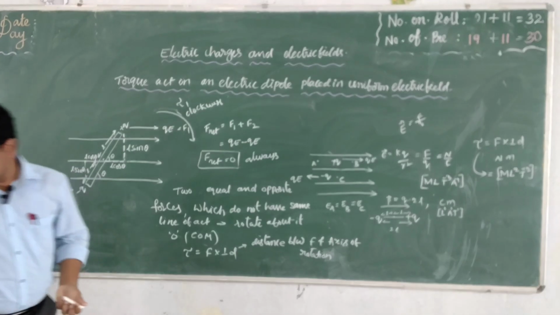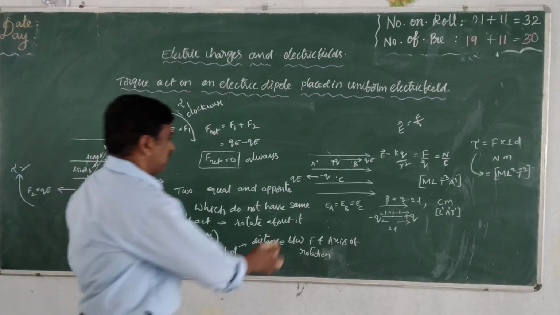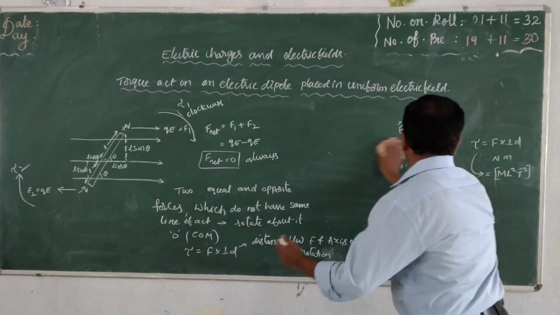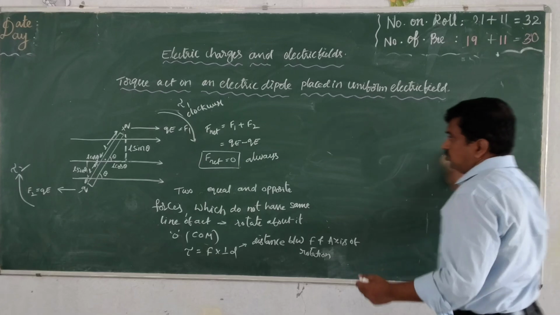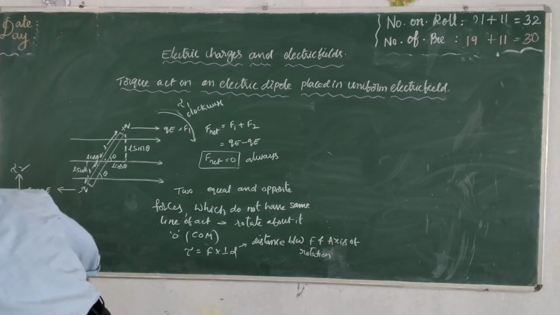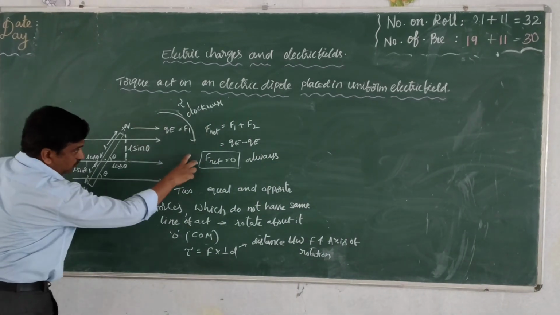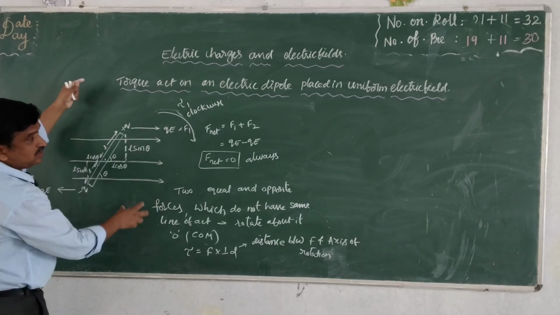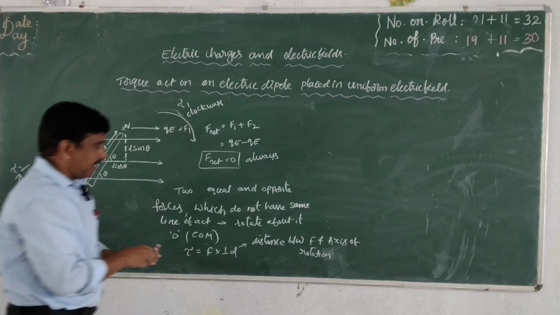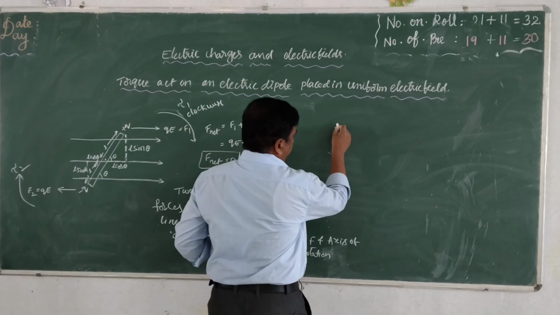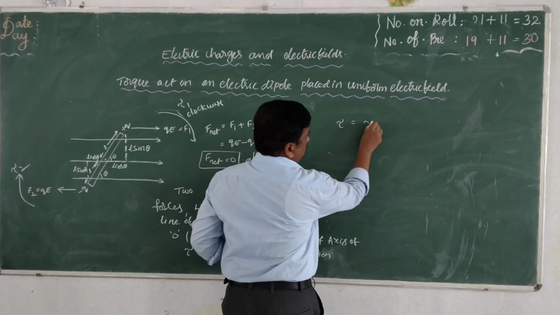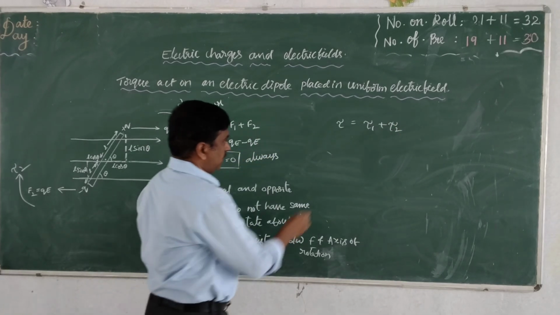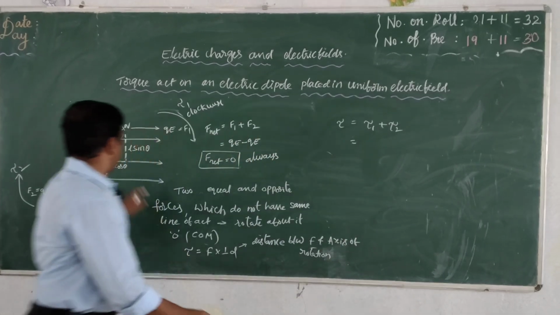See, what is the total torque acting on the electric dipole now? Tau 1 plus tau 2: here upward is plus q, tau 1, and minus q, tau 2. Tau 1 is downwards and tau 2 is upwards, both are in the same clockwise direction, that's why we can add. Total torque equals tau 1 plus tau 2. Tau 1 is force into perpendicular distance.